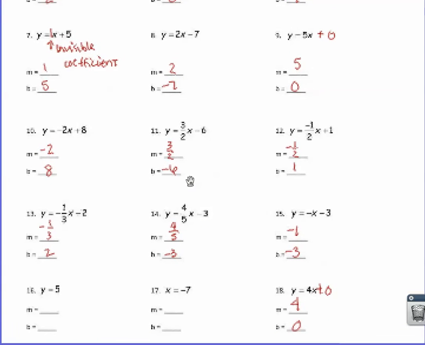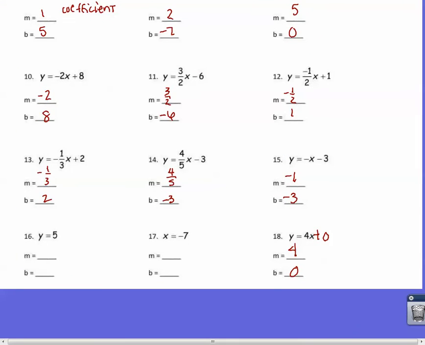Let's talk about 16 and 17. There is a phrase called HOY VUX that helps you remember the difference between the horizontal and the vertical lines along with their equations. So for example, if we label all of these, the H stands for horizontal. It's going to be a horizontal line with a 0 slope, and it's going to be a y equals equation.